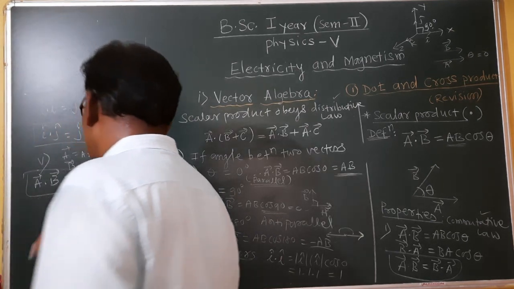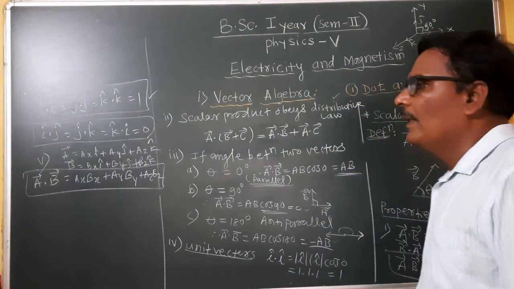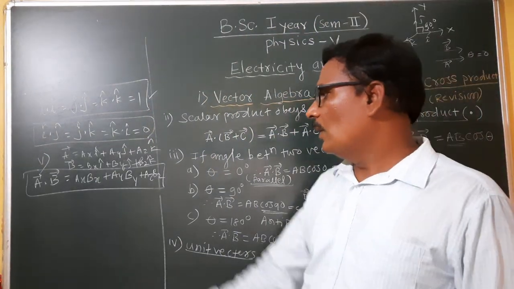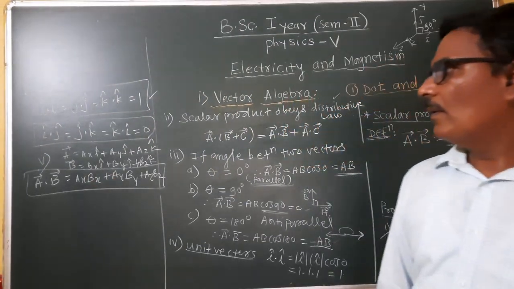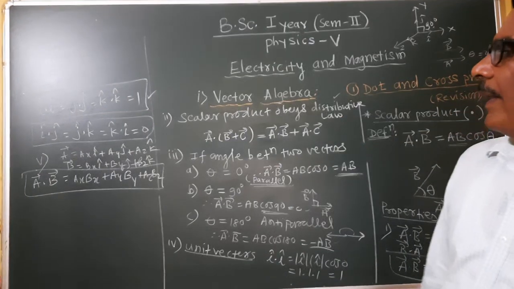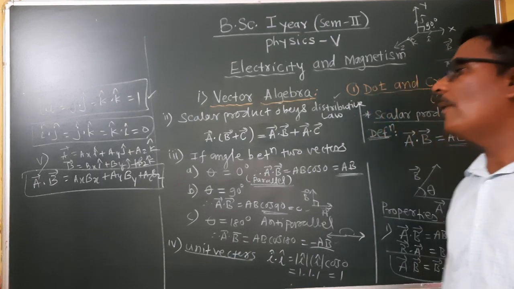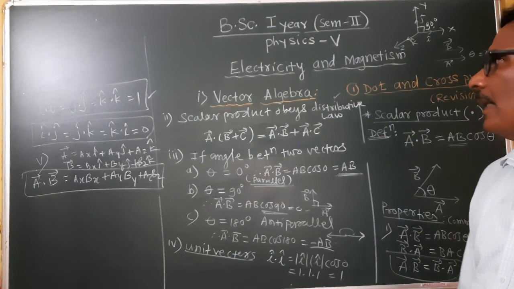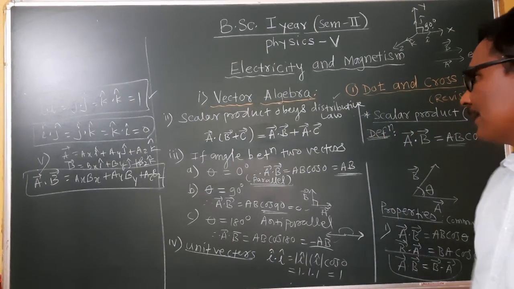So the dot product of two vectors is the product of the Cartesian components of the two vectors, that is A bar dot B bar is equal to AX BX plus AY BY plus AZ BZ. These are some properties of the scalar product.